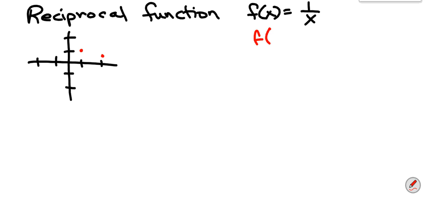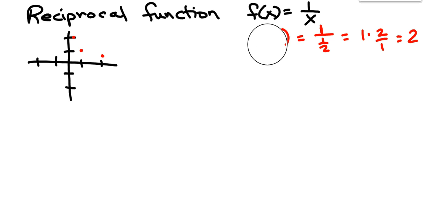F of 1/2 is 1 over 1/2, and then that's 1 over 1 times, I flip that upside down, 2 over 1. So 1 over 1/2 is actually equal to 2. So I can plot at 1/2, I could go up here to 2.